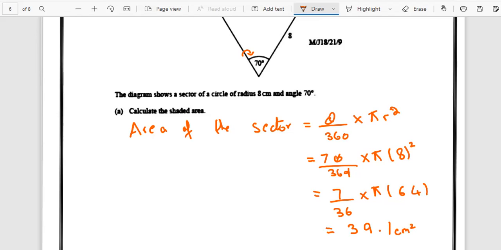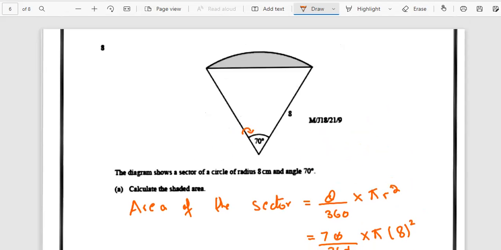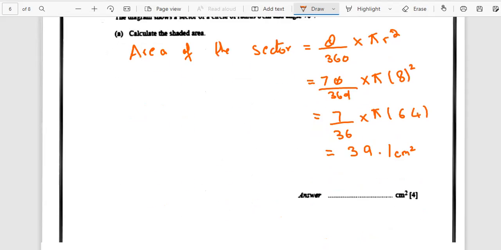All right. Just give me 1 second. Okay, that is 39.1. Okay, and this is the area of the sector. Now we need to calculate the area of this triangle, and then we need to subtract these two.